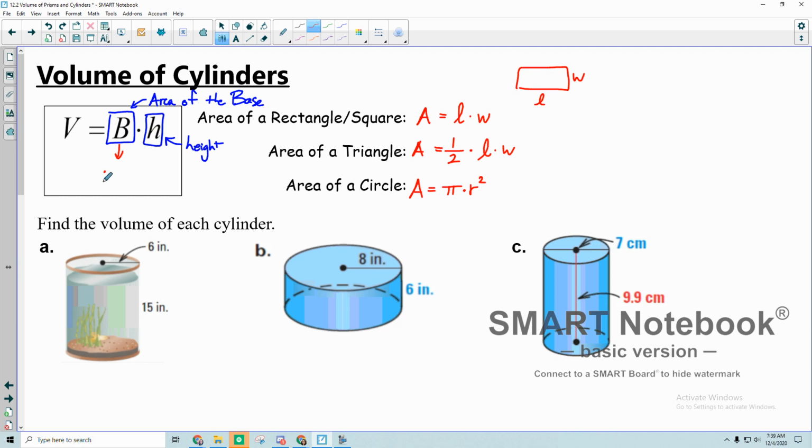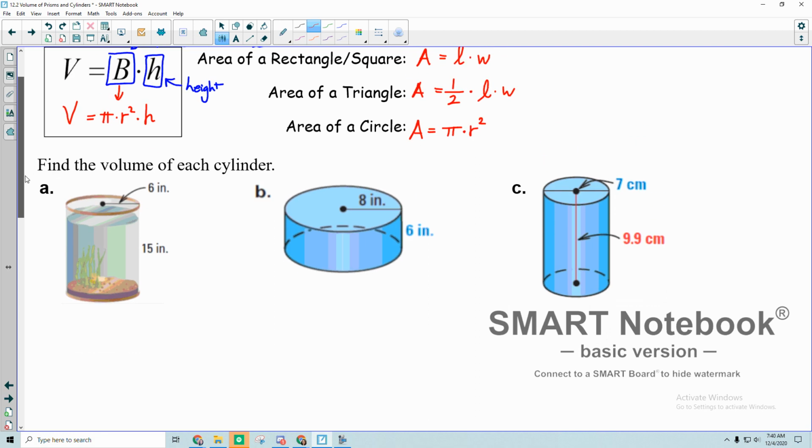So the B we'll put in place for that is pi r squared, because I know the base is a circle. I want the area of these circles, so that's pi r squared. Then we'll just bring down the height, so I have pi multiplied by r squared multiplied by the height. And this is the formula we're going to use to find the volume of cylinders.